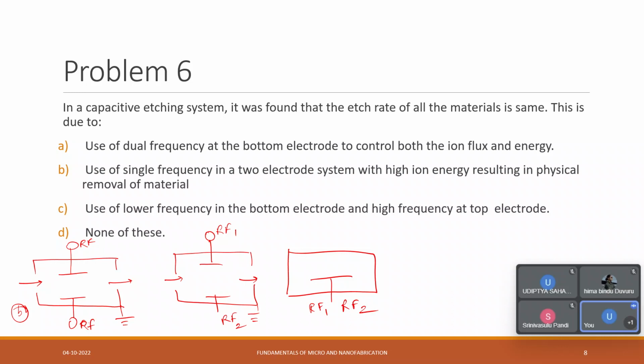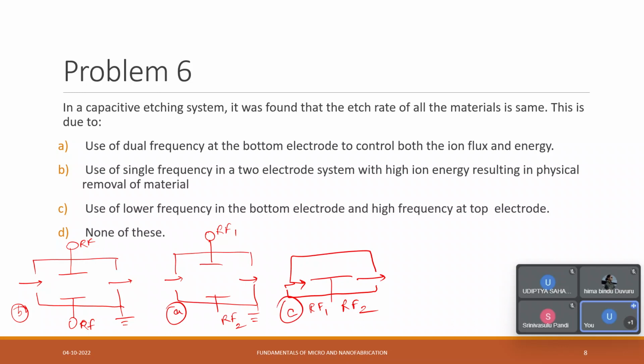So they switch between the systems and gases. Okay, there will be a gap here. So these are the cases. The use of dual frequency at the bottom electrode to control both the ion. The first option, yes, so essentially dual frequency is A, and this is C.